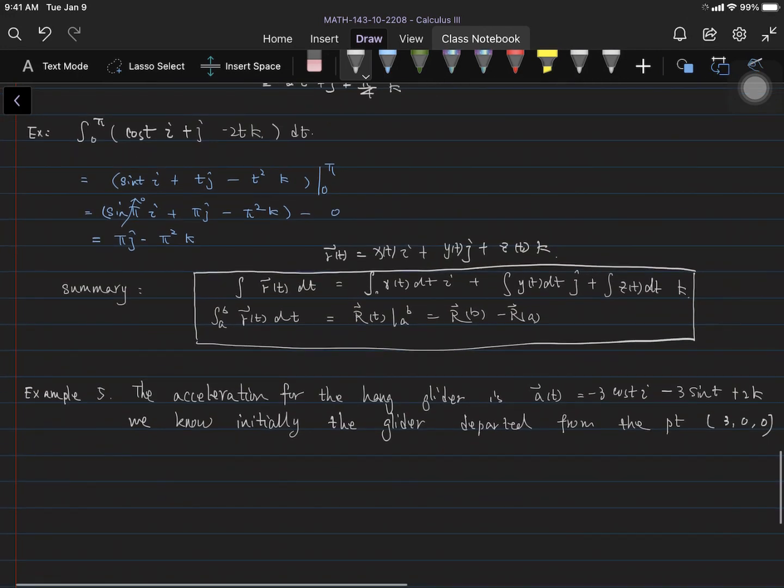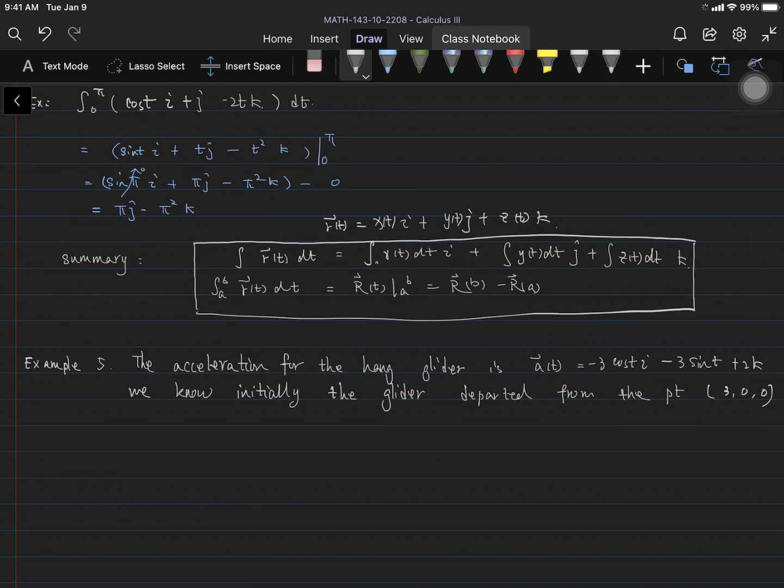When we read the problem, can you translate these words into a math formula or equation? What is the given information? You can think about that. We want to find the position function.